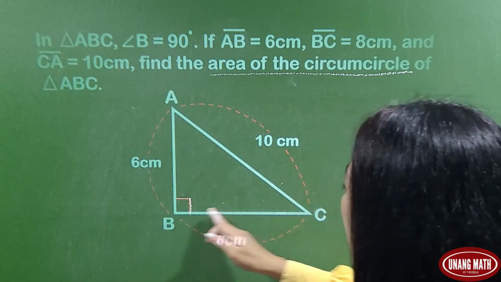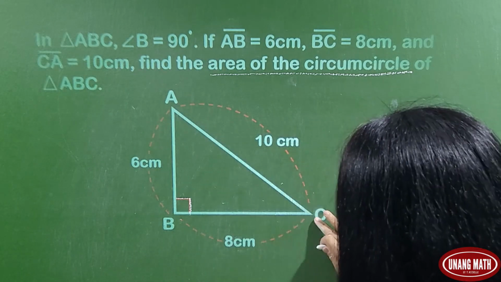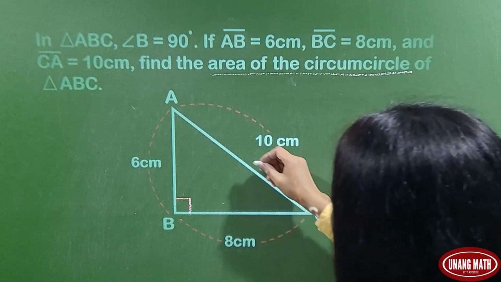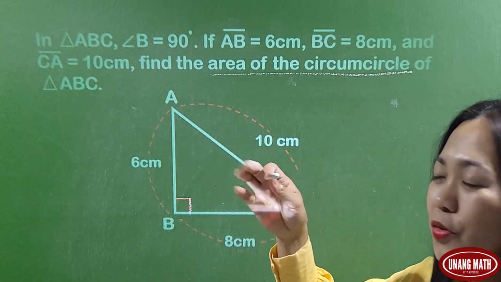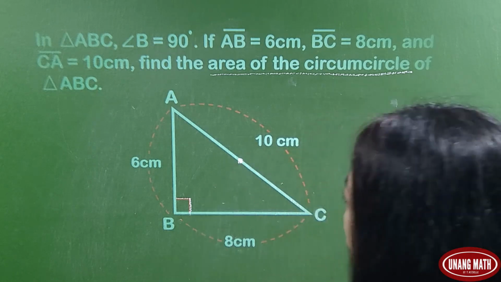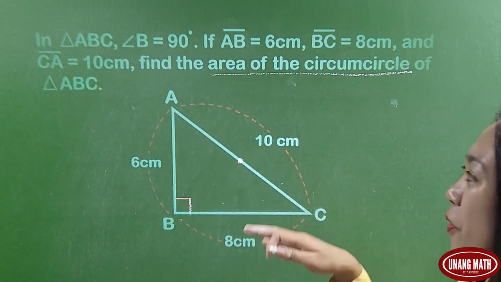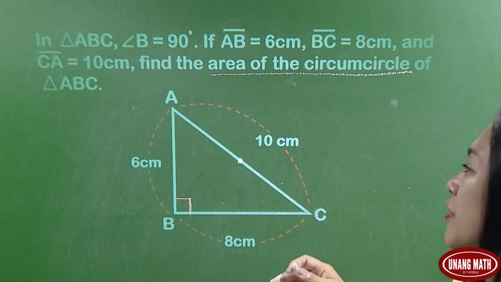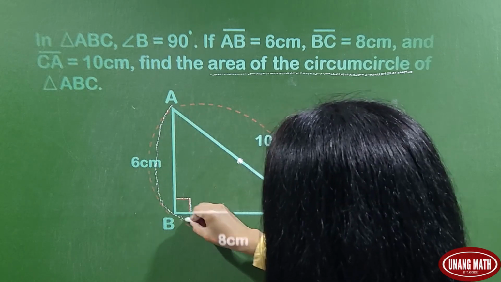Since this is a right triangle, this segment CA or AC is the hypotenuse. And if we cut this hypotenuse into equal parts, this point is our circumcenter. This is also the midpoint of this hypotenuse, and at the same time, this is the center of the circle. So if this is the center of the circle, let's try to draw the circle.